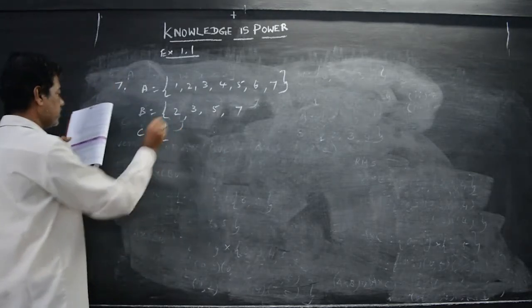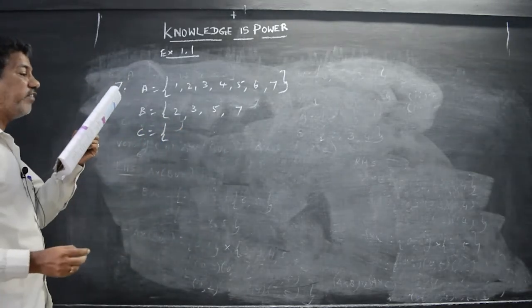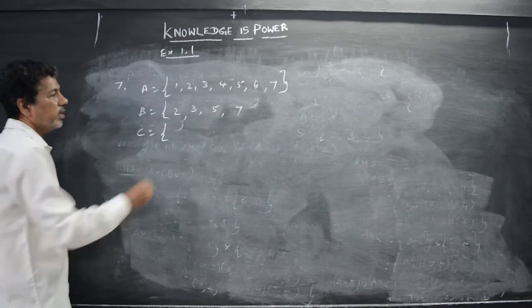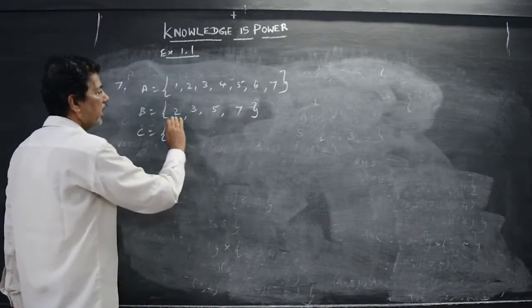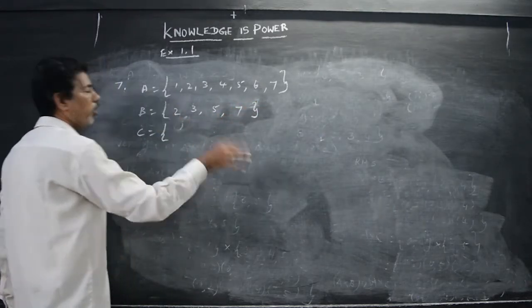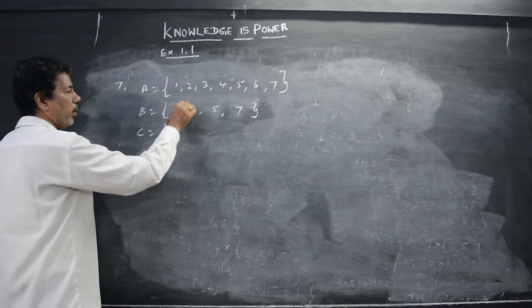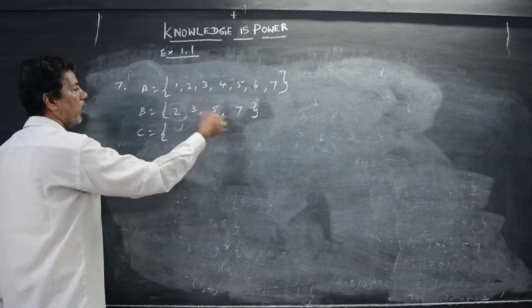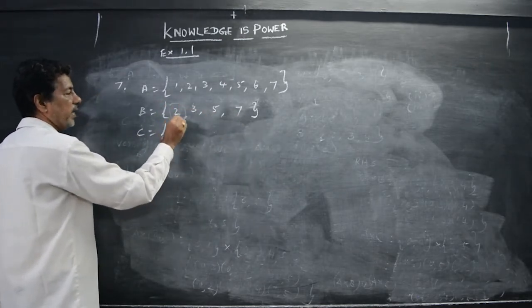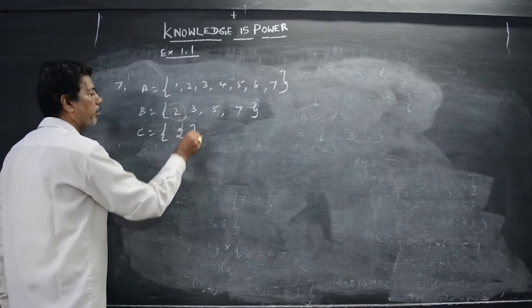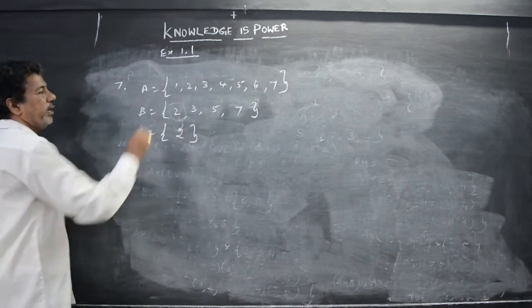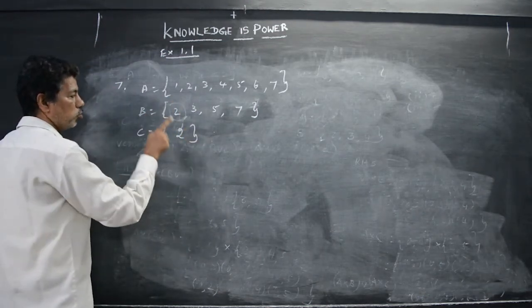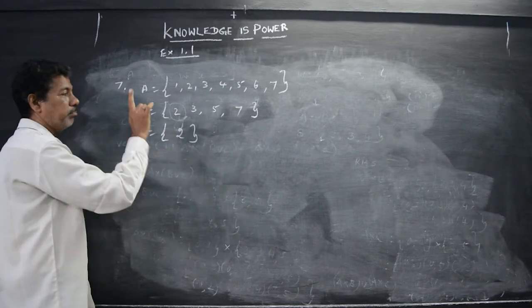And the C set, the set of even prime numbers. There is always only one even prime number. All the other prime numbers are odd prime numbers. Just only 2 is the even prime number. So very important, you have to know that, even in a 1 mark question, 2 is the even prime number.